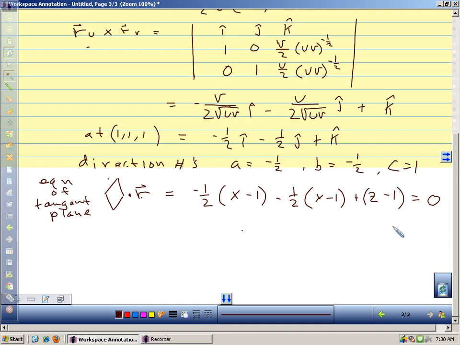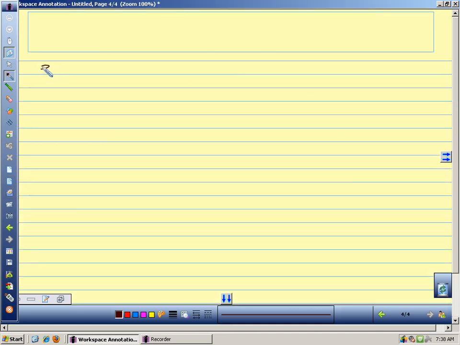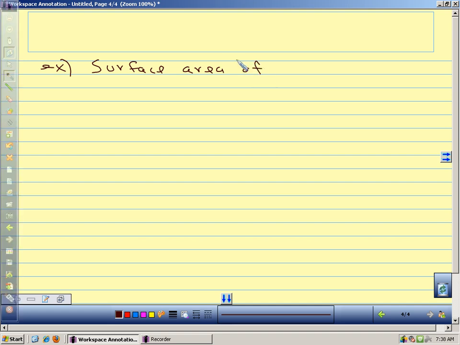All right, so let's do a surface area calculation, and we will be done. So we want to find the surface area of R of u and v, our parametric surface, which is square root of u cosine v i plus the square root of u sine v j plus u k.